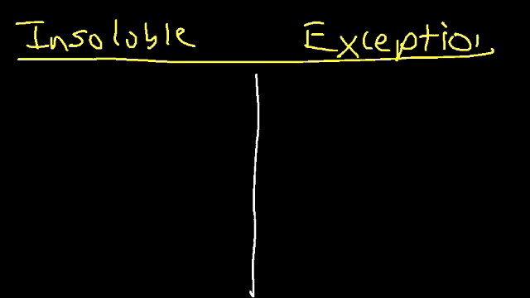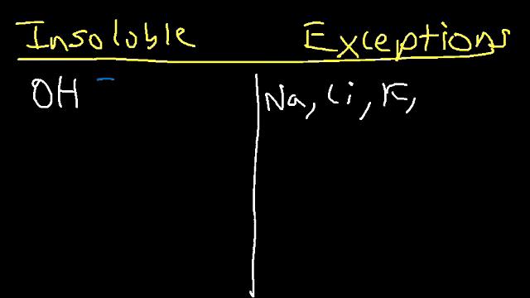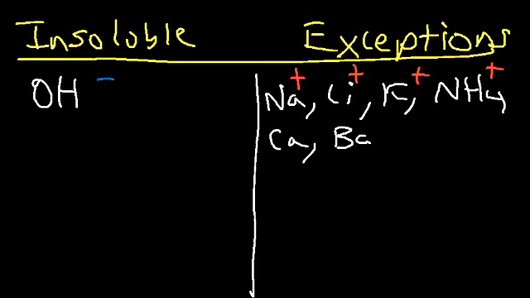So, hydroxides are generally insoluble, except when bonded to group 1 metal cations like sodium, lithium, or potassium, or even the ammonium ion. That's the only time they're going to be soluble. And also some of the group 2 metals like calcium, barium, and strontium, but not magnesium.